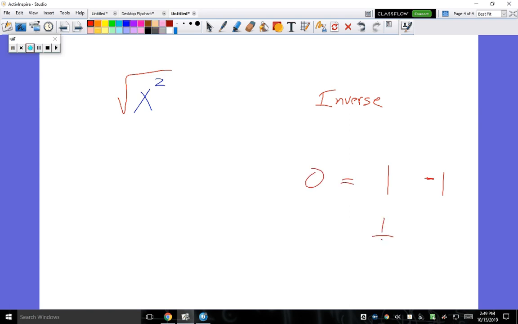But what's the opposite of this? -1/2. It's still going to cancel to 0. You see what I'm doing? Why? Because I'm adding opposites to have a cancellation form of 0. So inverses is not the same as opposites.